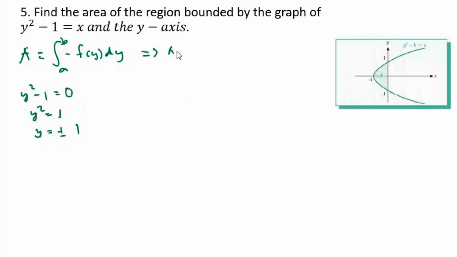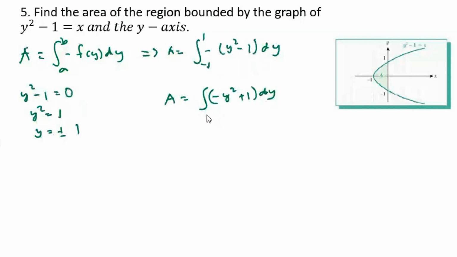The area is equal to the negative of y squared minus 1 dy, evaluated from negative 1 to positive 1. Using the distributive property first, we have the negative y squared plus 1 dy evaluated from negative 1 to positive 1.